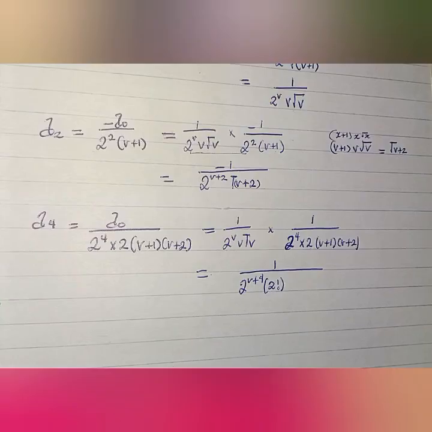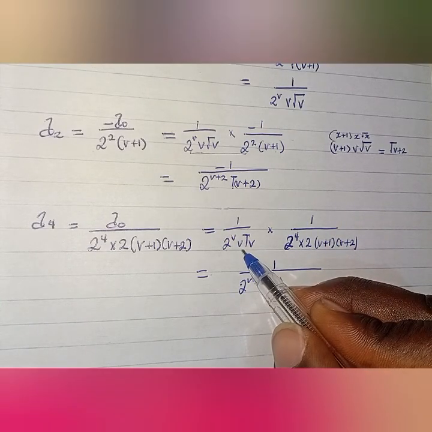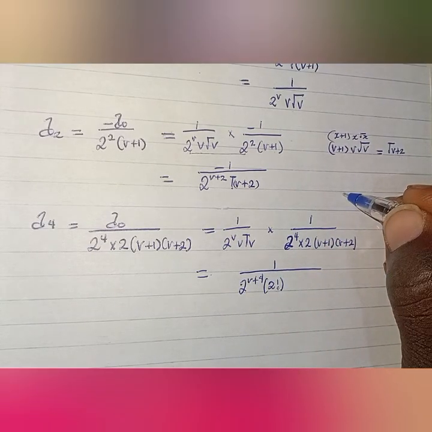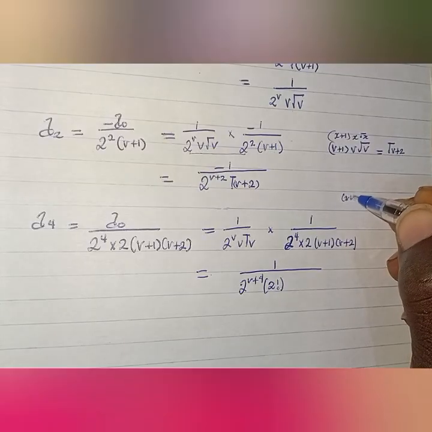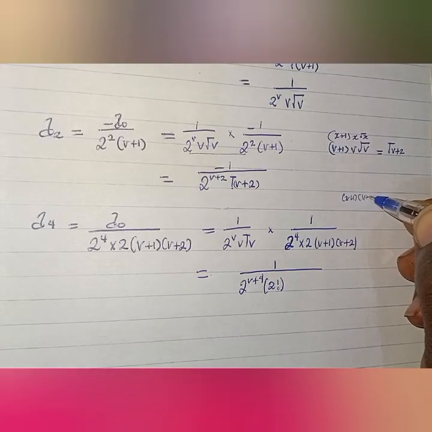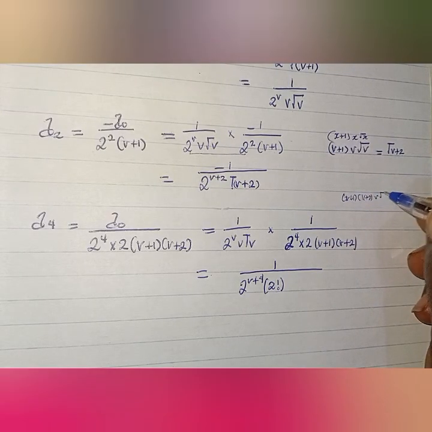Now for this one, we have v, v plus 1, v plus 2, and we have v gamma v.